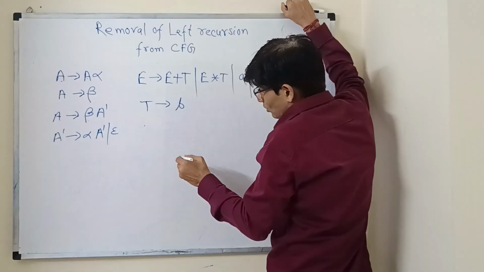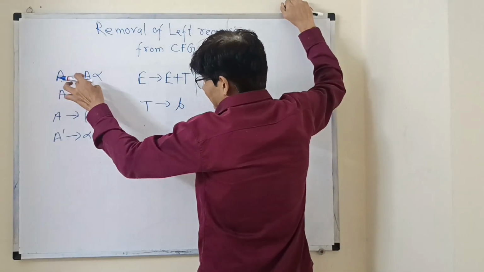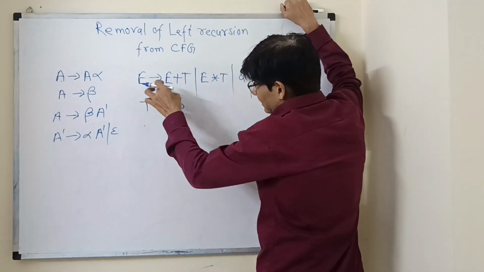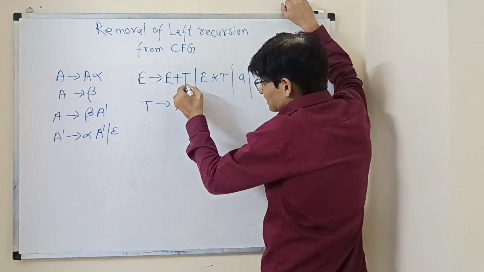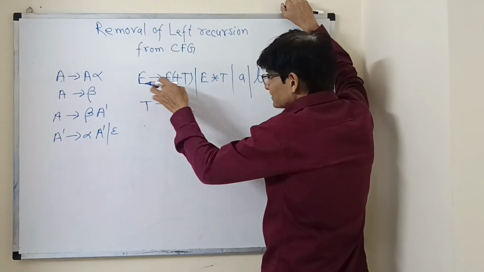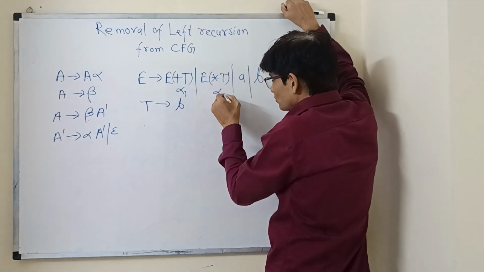All the left recursive productions we can consider as A gives A alpha. So this is alpha 1. Again A gives A alpha, so we have this alpha 2.